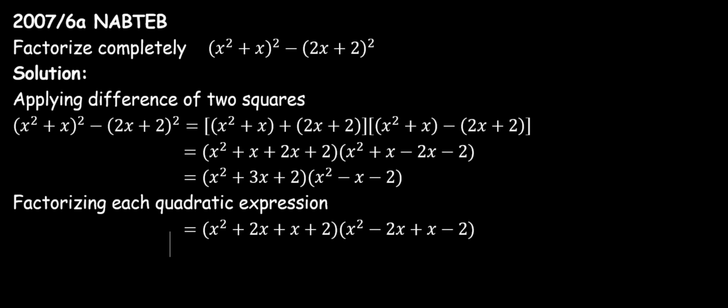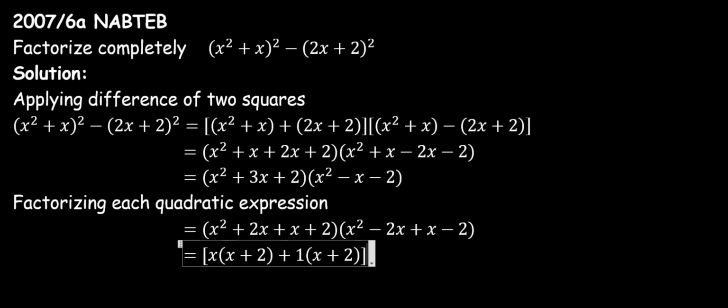And our result will be: in the first bracket, you factor out x, then you have x(x + 2) + 1(x + 2). Then before you close the bracket, you go to the next item, which is x(x − 2) + 1(x − 2). Then you close the bigger bracket.